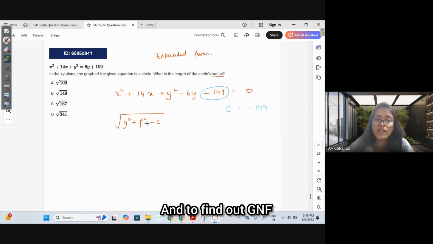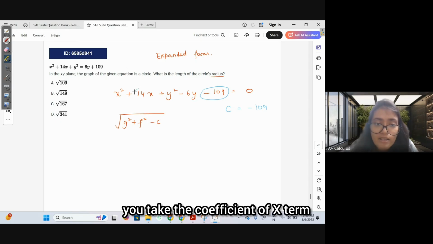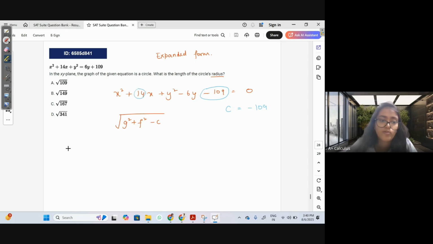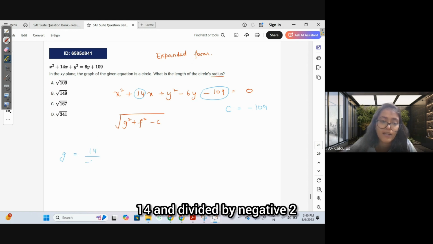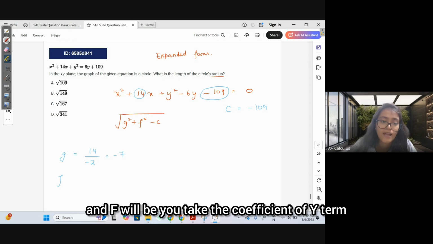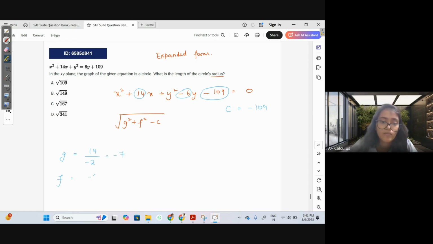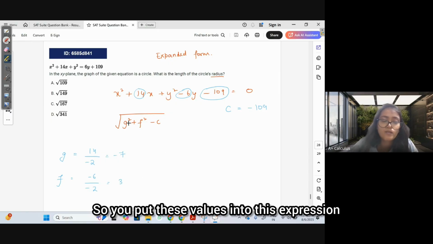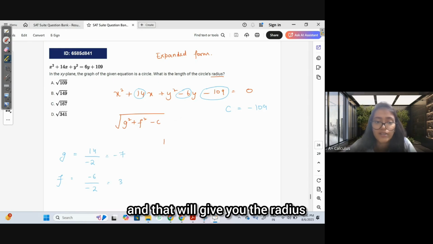And to find g and f, you take the coefficient of the x term, so 14, and divide it by negative 2. So you get negative 7. That's the value of g. And f will be, you take the coefficient of the y term, so negative 6 divided by negative 2, which is 3. So that's f.